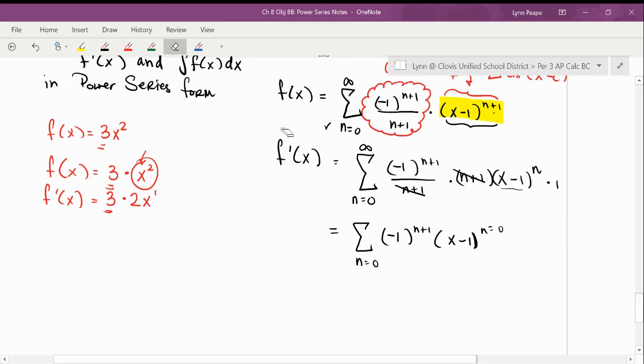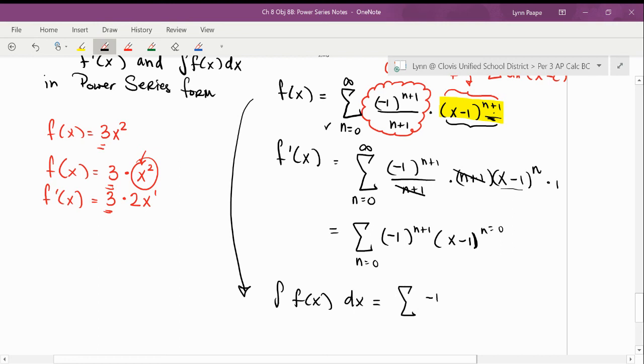So now we're going to go ahead and find our integral. So let's find that integral next. So we'll do the integral of f of x. And so again, all we're taking the integral of is the x term. So that means we're going to leave the coefficient alone, which is what's clouded in red.